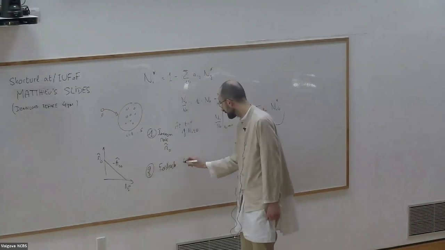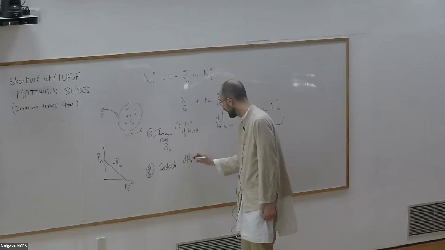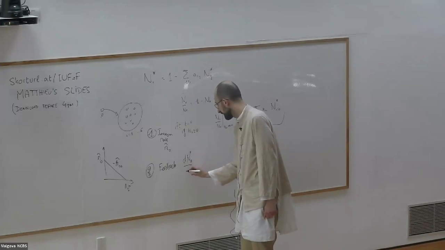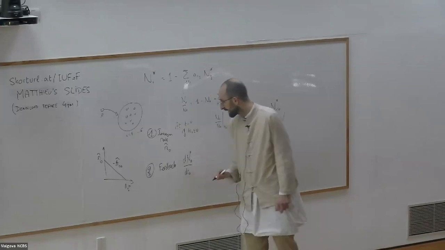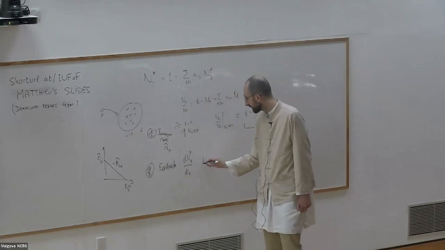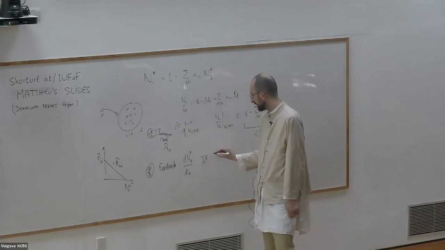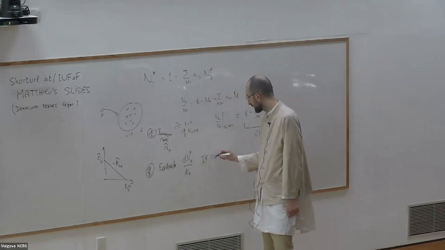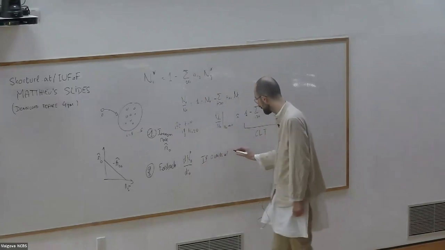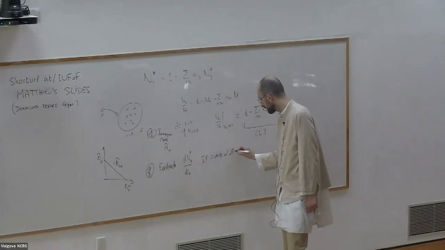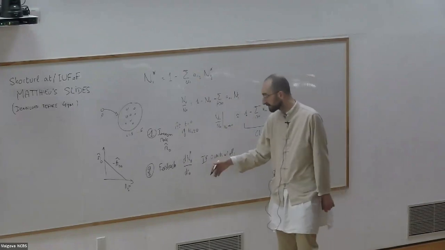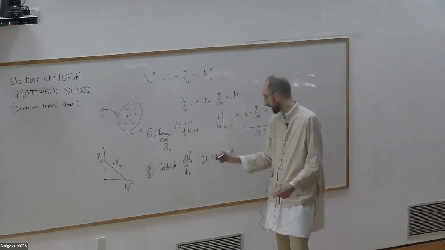I will write them this way: dn0 star over dr0. If 0 coexists with everyone, with all i, then it's just the inverse matrix, as usual.